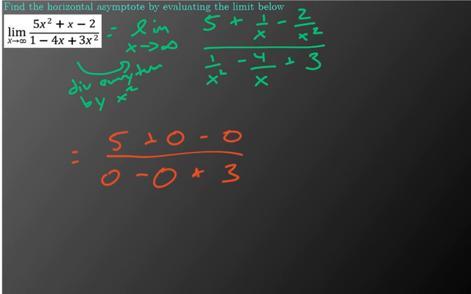And the constants will always just stay the same because you are just drawing a horizontal line, and you're just thinking, out at infinity, you still equal that horizontal line. And so we get 5/3. And so the horizontal asymptote in this thing would just be y equals 5/3. And I'm not going to do it here, but you should go plug this thing into Desmos, and you would see that as you go out to infinity, this thing approaches 5/3, the horizontal line 5/3.